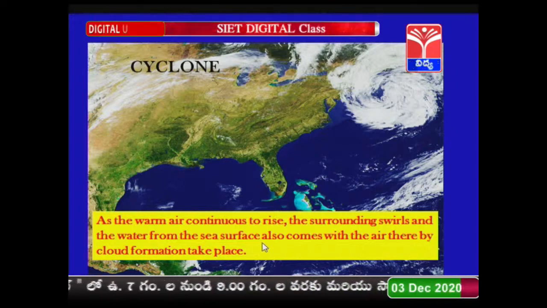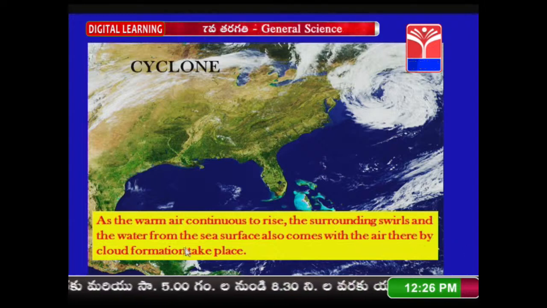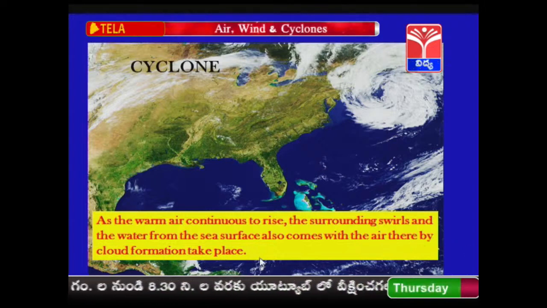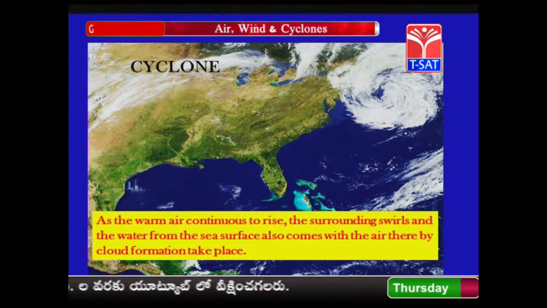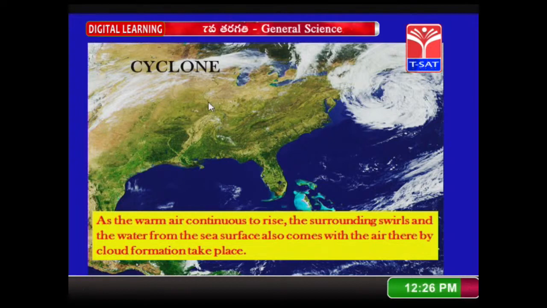The water from the sea surface also comes with the air, thereby cloud formation takes place. So, this is how the clouds form when the air is swirling, along with it, it takes water onto the land, that is nothing but clouds and rains, and if it is heavy, it turns into floods.